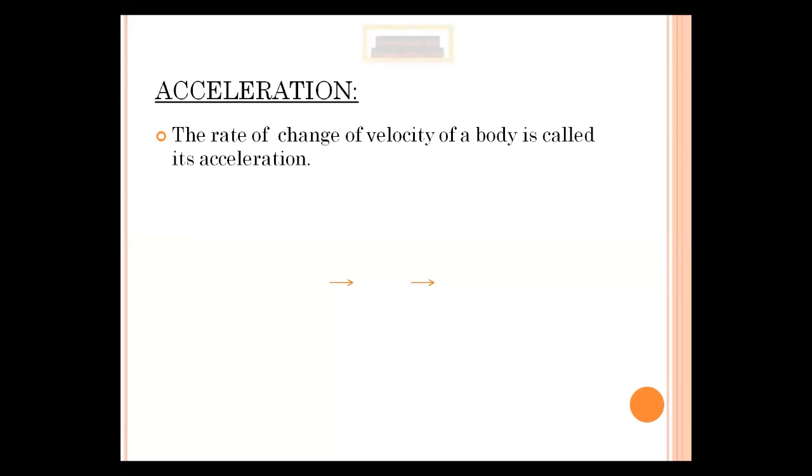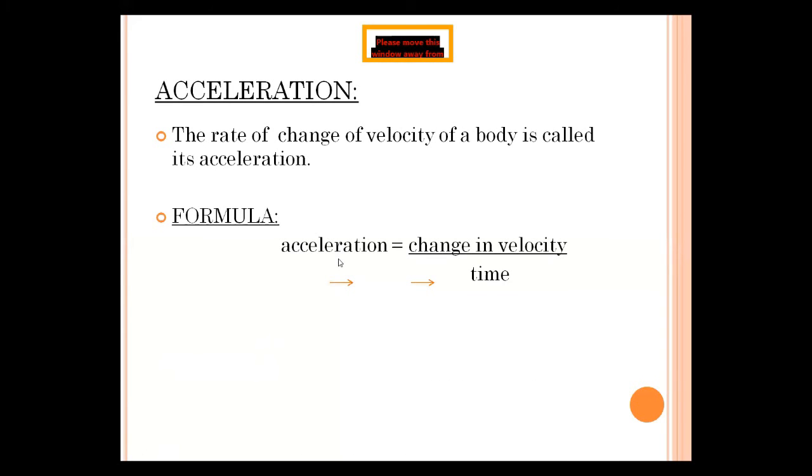Initial velocity is represented by vi, while final velocity is represented by vf. Acceleration is represented by a small a, and its formula is acceleration equals change in velocity divided by time.